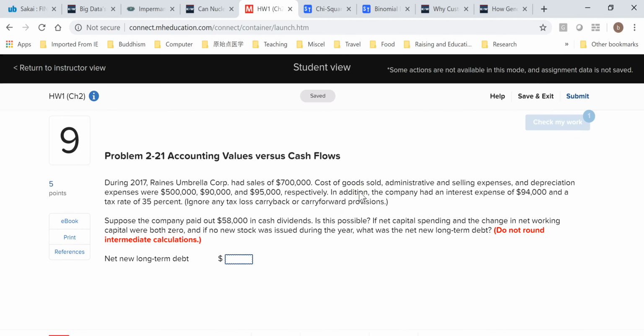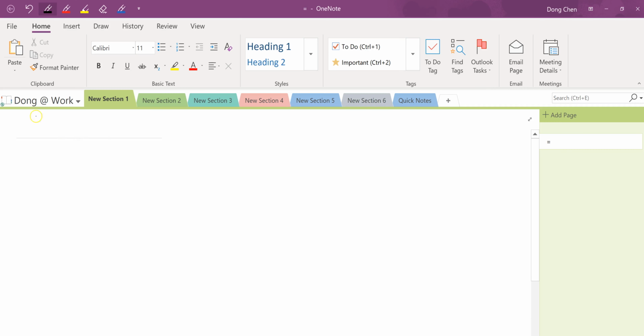So in this case, no new stock was issued during the year. So that tells us the cash flow to stockholders is simply, let me write down here, the cash flow.